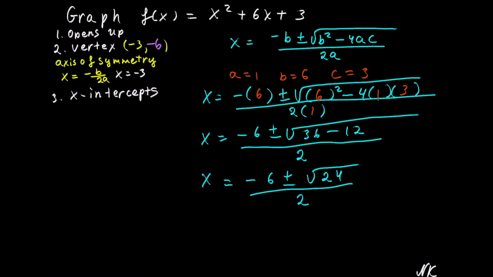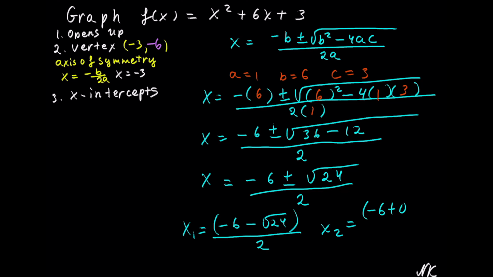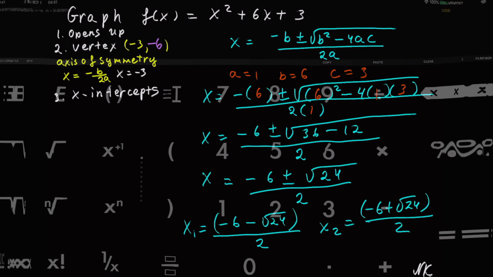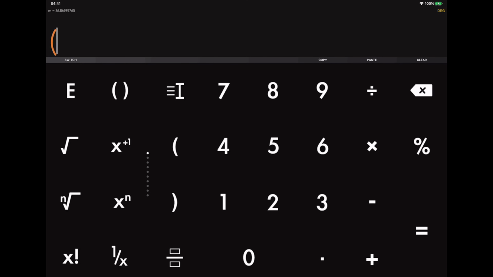Now we need to calculate the x values. The first x value is negative 6 minus the square root of 24, over 2, and the second is negative 6 plus the square root of 24, over 2. We put the numerator in parentheses because it has a plus or a minus in there. So we get, open parentheses, negative 6 minus the square root of 24, close parentheses, divided by 2.